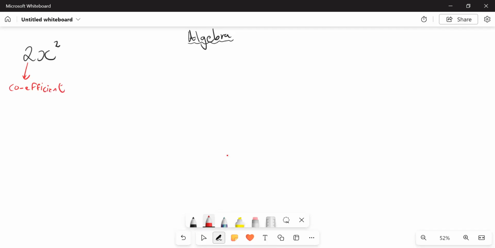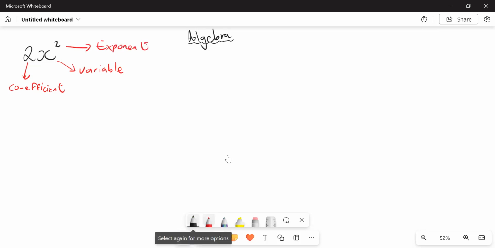That's a number in front of the variable. So this becomes our variable, or you can call it a base, right? And then the 2 on top becomes our exponent. The 2 becomes our exponent, right?